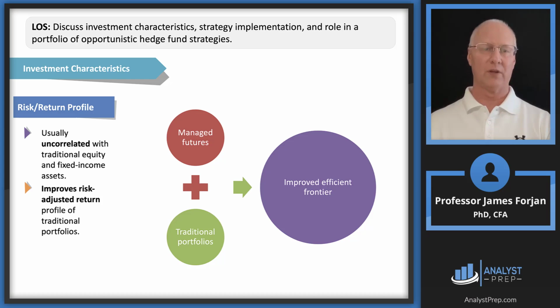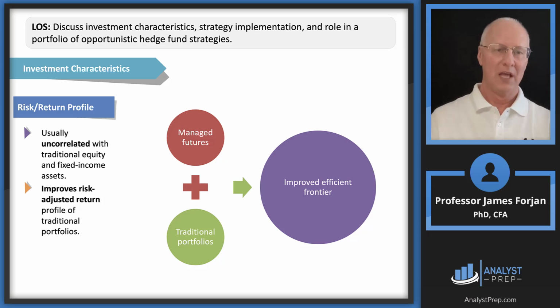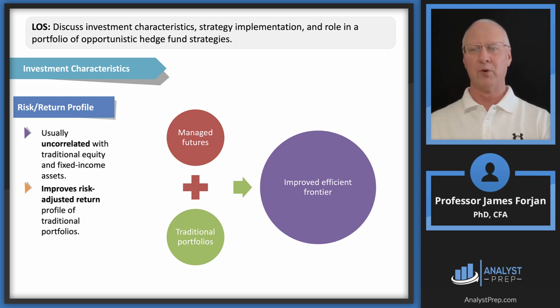Investment characteristics. I'm going to go back to Harry Markowitz and the efficient frontier. So just picture the efficient frontier. Remember that non-linear locus of points and what we're trying to do with managed portfolios. This is why we're on the efficient frontier from Harry Markowitz, and then we try to push upward and to the left. And those managed futures improve the efficient frontier. So what does that mean?